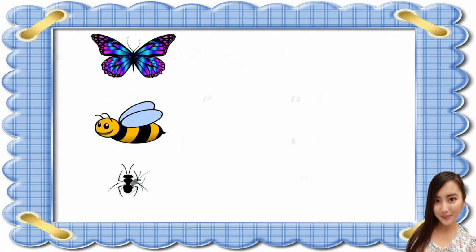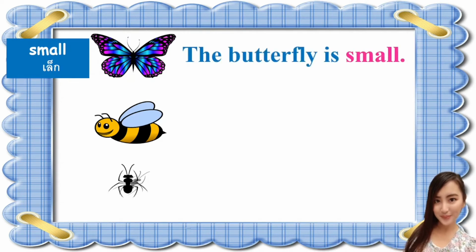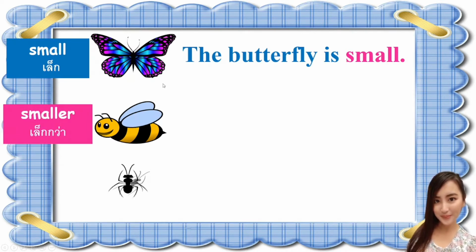For example, in here we have a butterfly, bee, and ant. So we have 1, 2, 3. The adjective is small. The butterfly is small. So this is the adjective. Smaller.